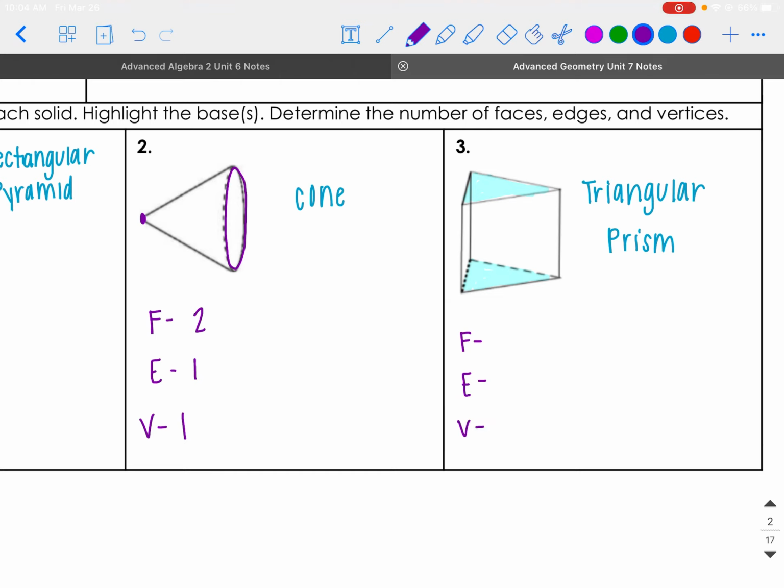See if you can label faces, edges, and vertices. It has 5 faces, 9 edges, and 6 vertices.